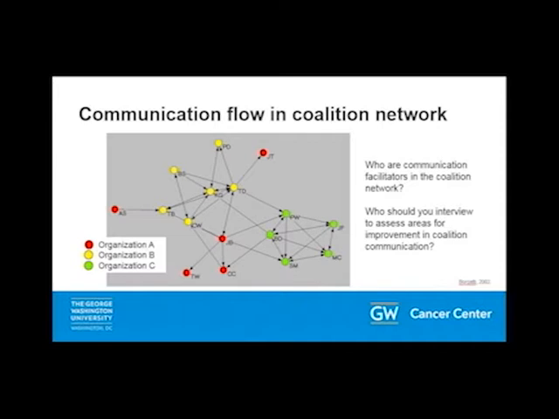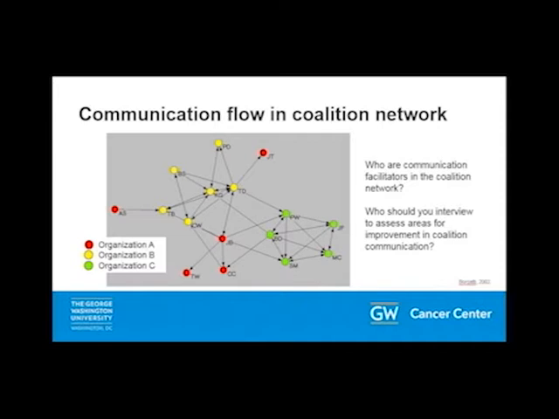They have some communication channels here, but these folks are not connected to JT or AS, and they supposedly work in the same organization. So this may lead you to conclude that AS or JT should not be coalition representatives for organization A, and that you need to create a more targeted individual approach to sending the news and information of the coalition to AS and JT.